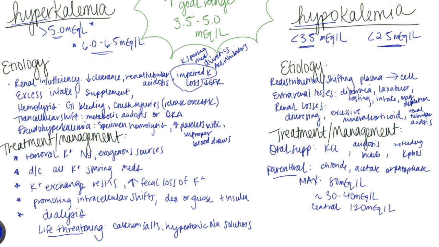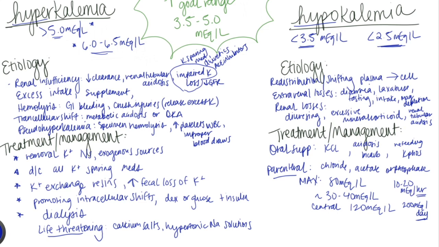Now, from an overarching standpoint, infusions should target going about 10 to 20 milliequivalents per hour. So from a time frame per hour, 10 to 20. And then in total, we're looking at no more than 200 milliequivalents per day.